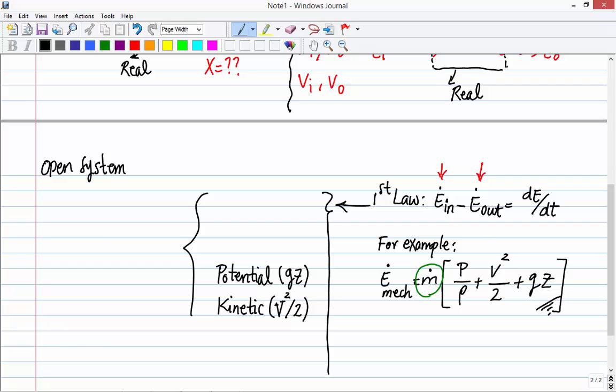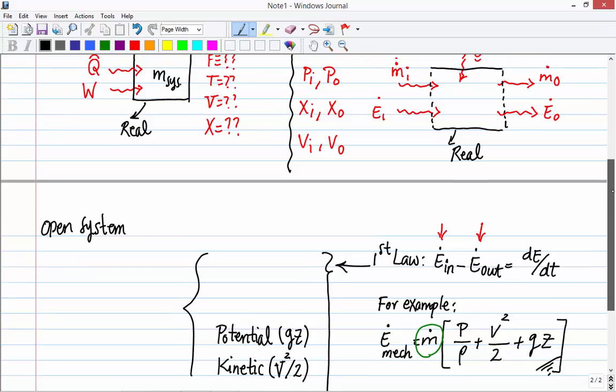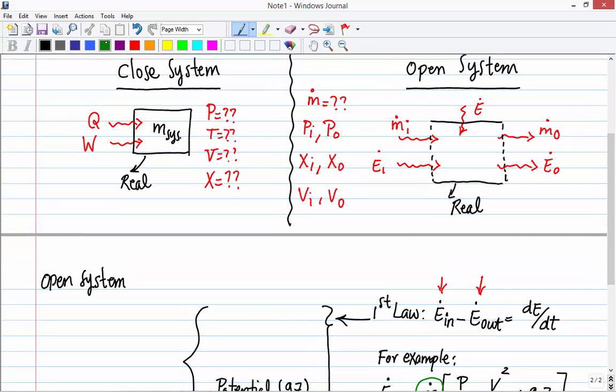So all these energies are carried by mass. If you check the system again, I divided two types of energies, this guy and this guy. The left one, E dot in, is coming into the system, and the other one is leaving the system.